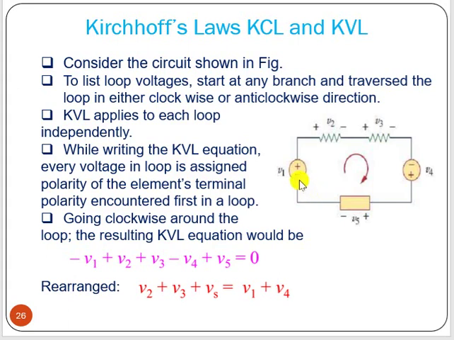That means we can write V1 plus V4 minus V2 minus V3 minus V5 equal to 0. That means V1 plus V4 equals, taking these three minus terms to the other side, V2 plus V3 plus V5. So both give you the same result.